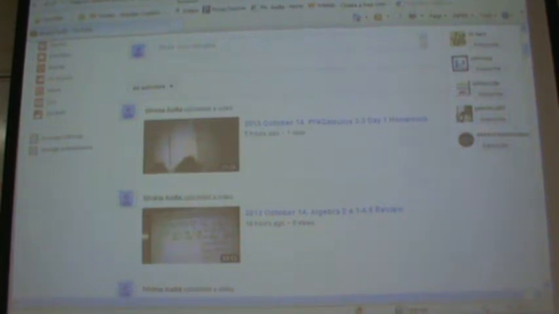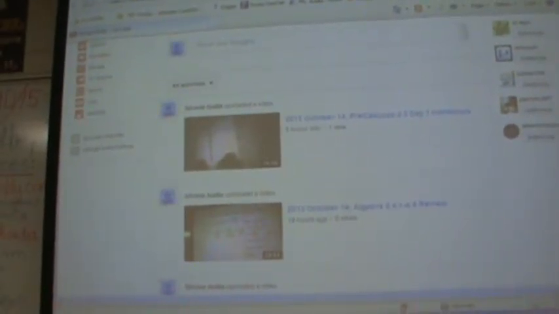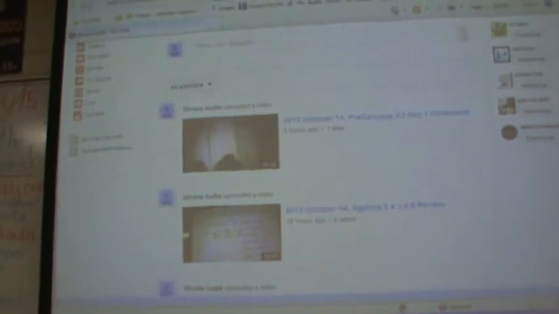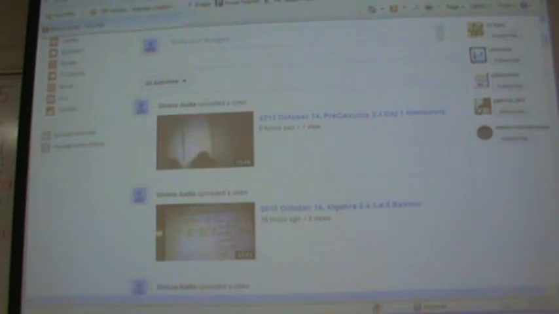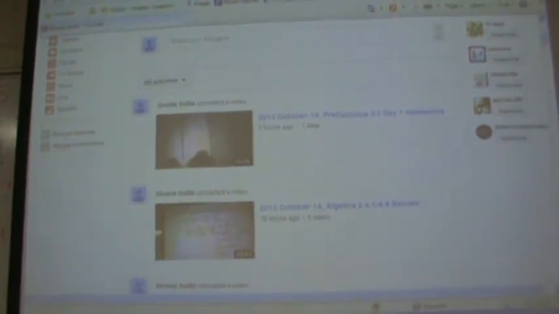Okay, here we go. So today what we're gonna do is go through the different forms of the quadratic functions, and you're gonna be able to convert from one form to the other.